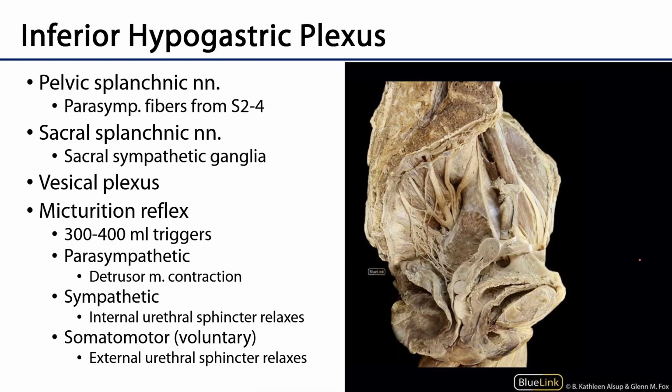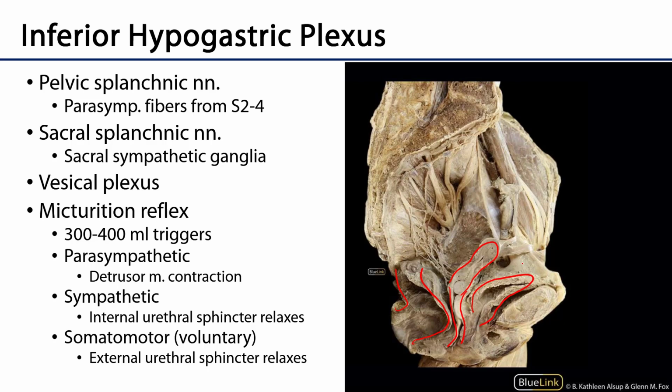Now let's take a look at that vesical plexus. Well, we can't see it directly here. Suffice it to say, all of the organs in the pelvis, so there is the urinary bladder, there is the uterus, there is the vagina, and we can even see the rectum there, all of those organs are going to have their own autonomic plexus associated with them.